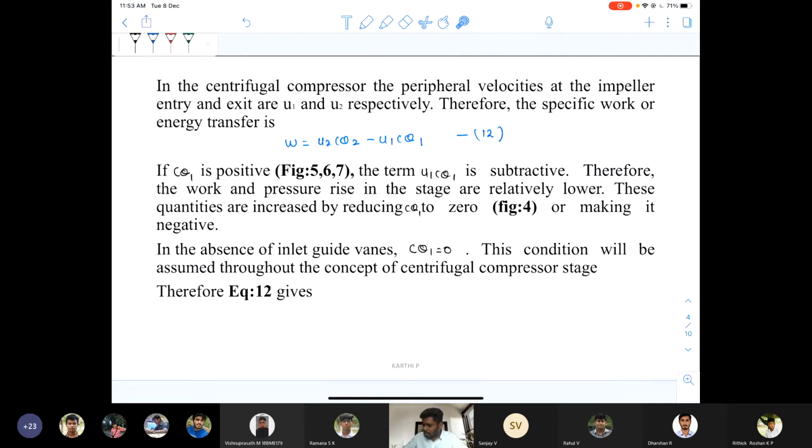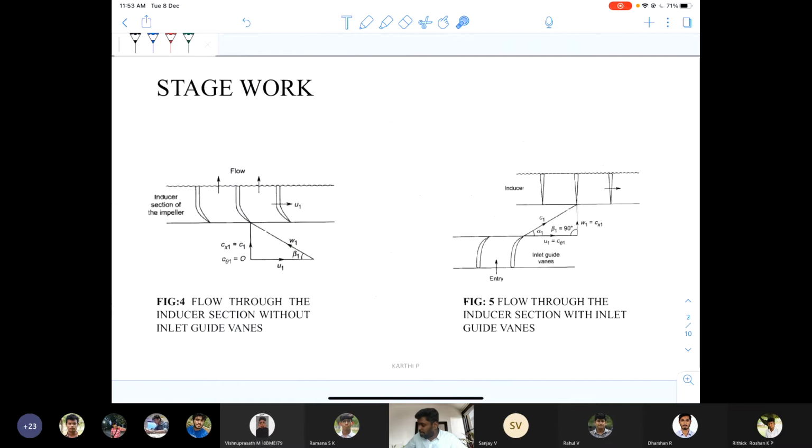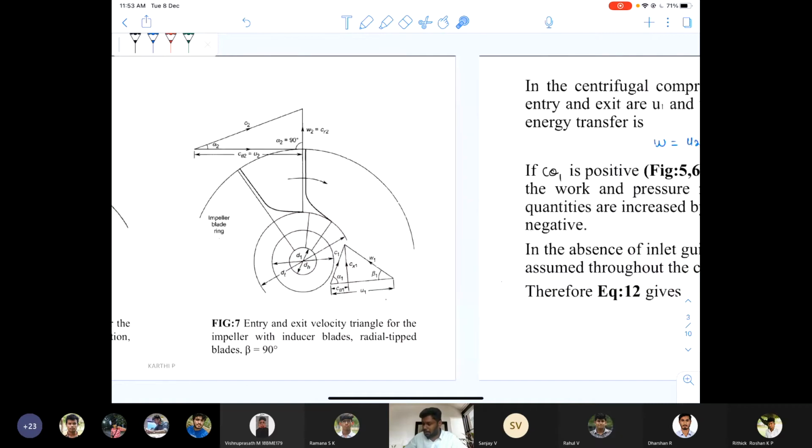Therefore, in the absence of inlet guide vane, C theta 1 is equal to 0. That is, in the flow through the inducer section without inlet guide vane, in this velocity triangle or figure, you can see there is no inlet guide vane. If there is no inlet guide vane, C theta 1 will be equal to 0.